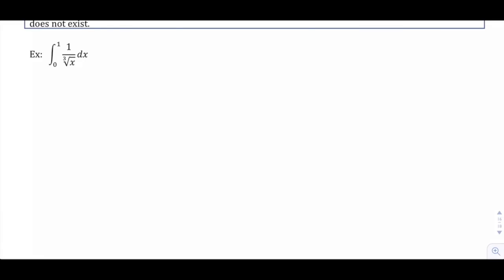Where is that function undefined, at 0 or 1 or somewhere in between? This function is undefined at 0. So what we would now need to do is to rewrite this as the limit as a goes to 0 from the right of the integral from a to 1 of x to the negative 1/3 dx.